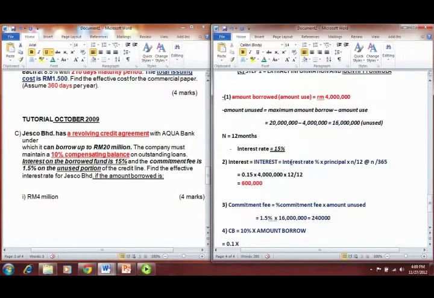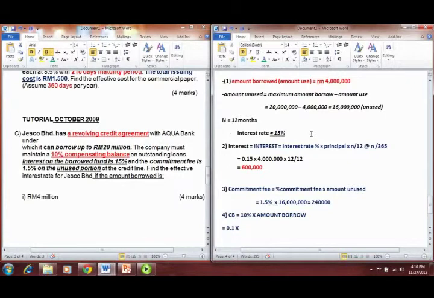As I told you, you don't need to see the question because you extract all the information. It's very important for you to extract the information and identify the formula. When you have identified the formula, you can know which item you need to complete: amount borrowed, interest, commitment fee, and last is your CB, compensating balance. 0.1 times your amount borrowed, 4 million.